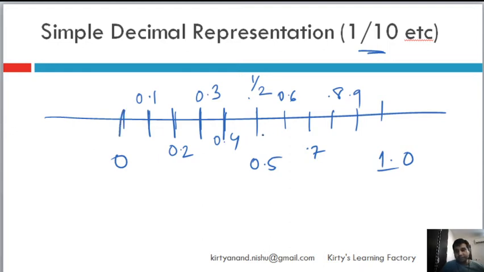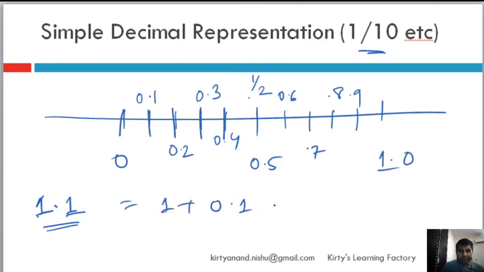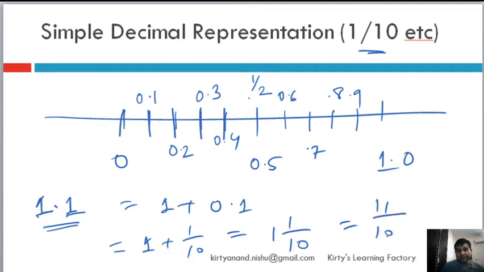So we will show a number as 1.1, which means this is 1, and added to that is 0.1, which is 1 by 10. So this can also be shown as 1 plus 0.1, or as 1 plus 1 by 10. In the form of a fraction, it is a mixed fraction 1 and 1 by 10, and if we make it an improper fraction, it will be 11 by 10, right? 10 into 1 plus 1, 11 by 10.